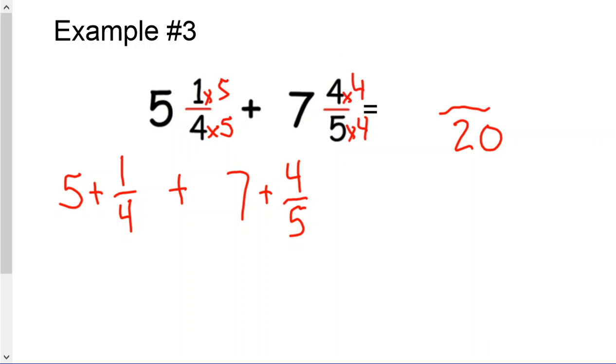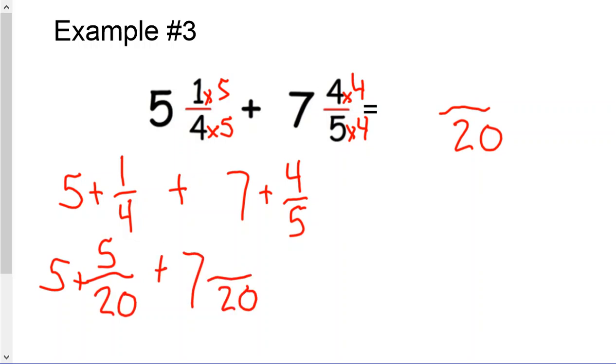Okay, so now we have 5 plus, and we're working with 20ths now, and 1 times 5 is 5, plus 7, and again we're changing the denominator to 20ths, so 5 times 4 and 4 times 4 will give me 16.